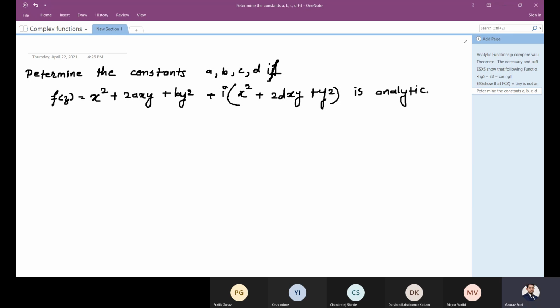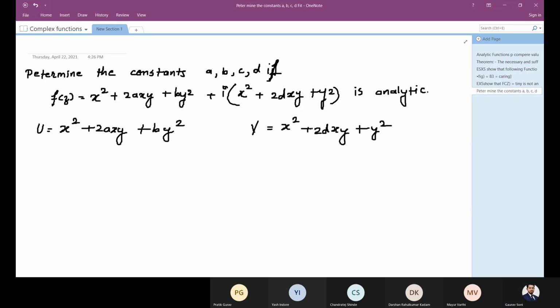So if the function is analytic, it must satisfy the CR equation. So I will write down u. U is nothing but x square plus 2axy plus by square. And v. V is nothing but cx square plus 2dxy plus y square.